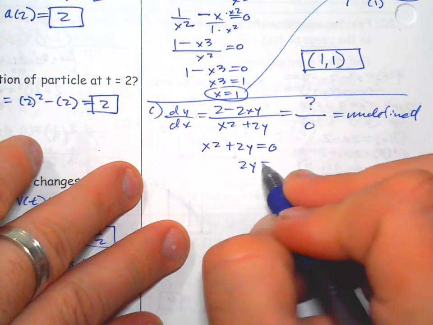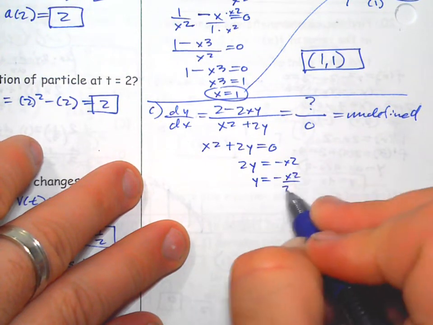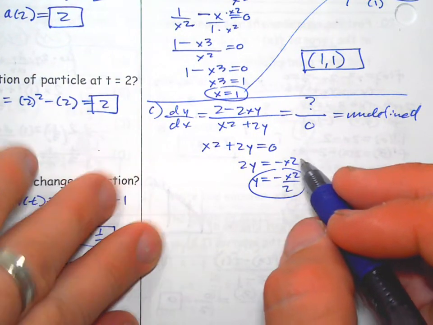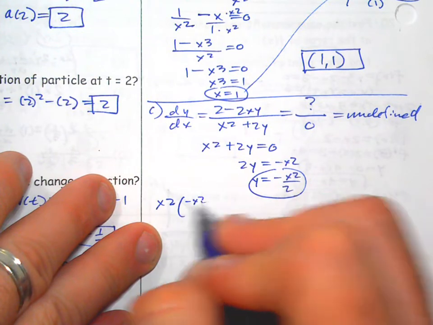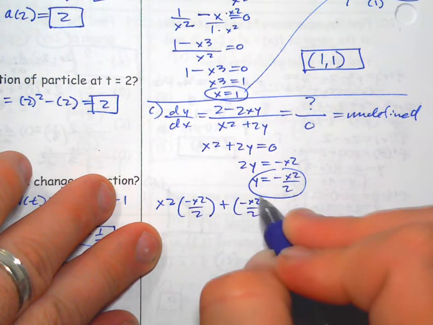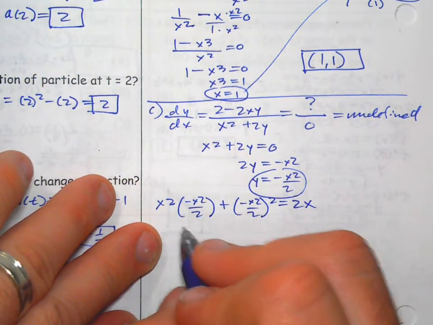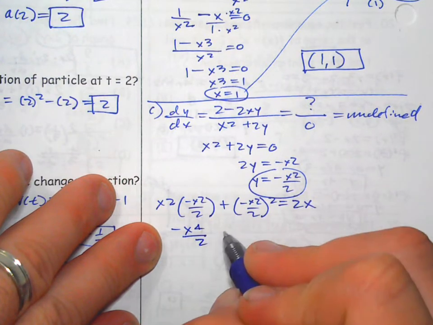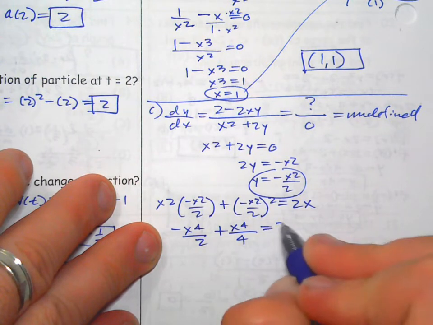So 2y equals negative x squared, y equals negative x squared over 2. I'm going to plug that back into the original equation. So we get x squared plus negative x squared over 2, squared, equals 2x. So negative x to the 4th over 2 plus x to the 4th over 4 equals 2x.